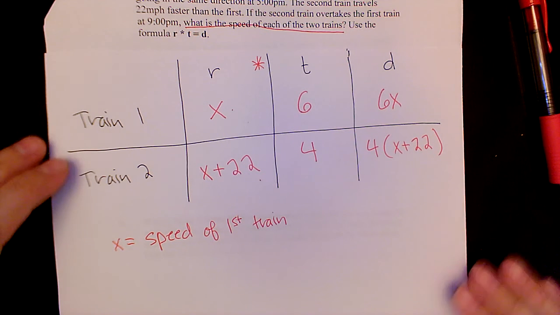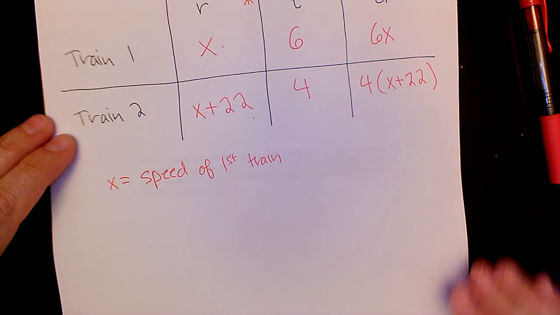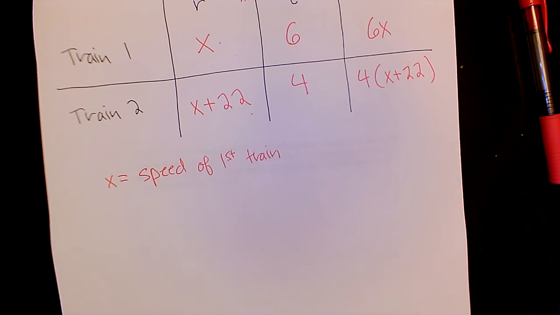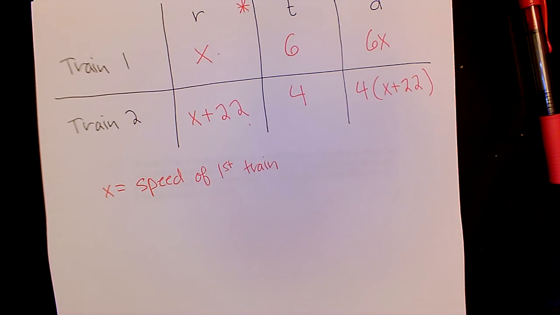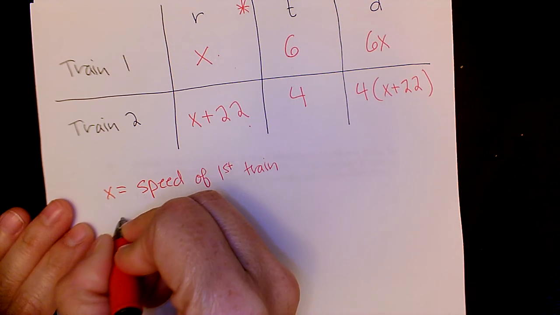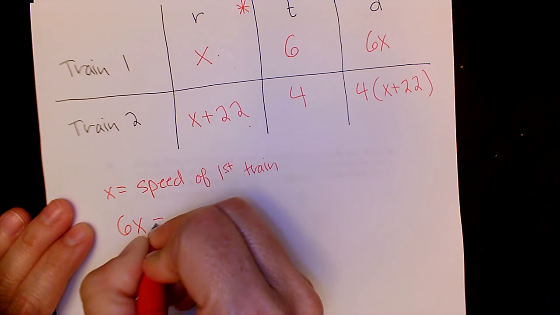Okay, and they're meeting up. They left the station at the same place, and so they've gone the same amount of distance. So I'm going to set these 2 equal to each other.